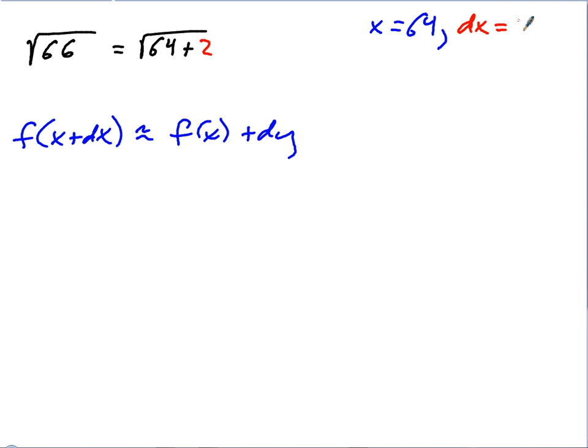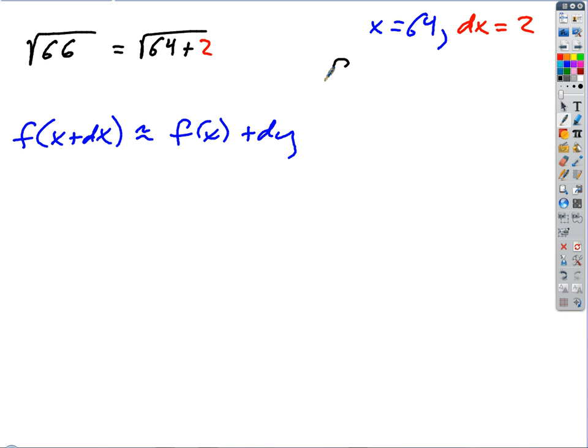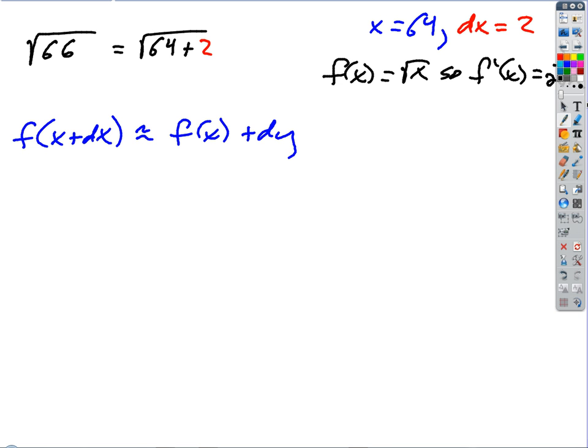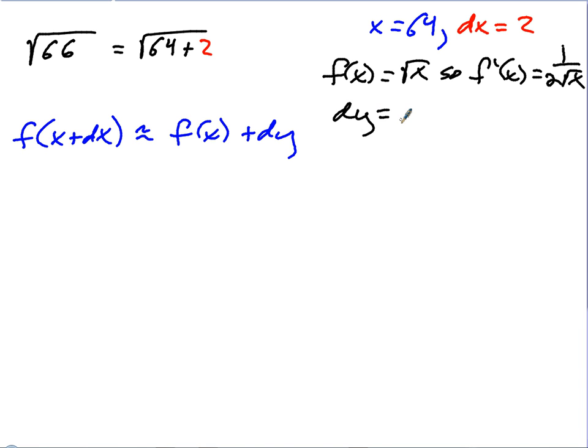Dx is positive 2 this time, right? And our function is just a square root function, right? And so just like before, we got the answer. F prime is just 1 over 2 times the square root of x, right? So dy is just f prime of x dx.